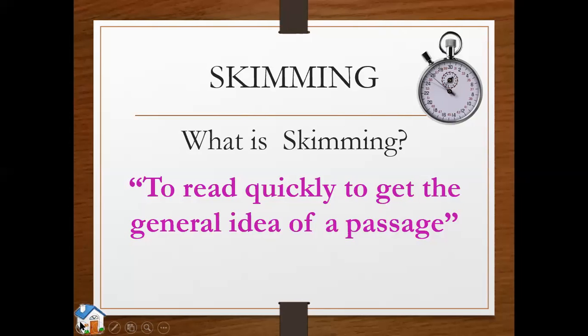So you need to first see the title and then read the introduction of the first paragraph, what it is all about. The first paragraph will tell you. And remember, read the first sentence of a paragraph, which is called the topic sentence.